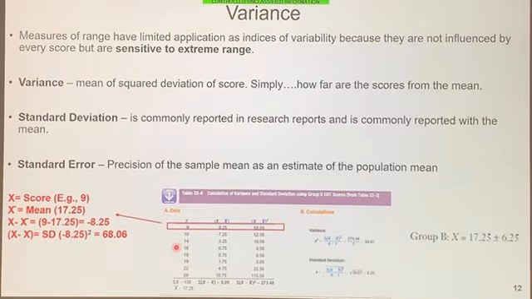So if our standard error of the mean is a low value, that means we are likely looking at a good representation of what the value is in our whole population.